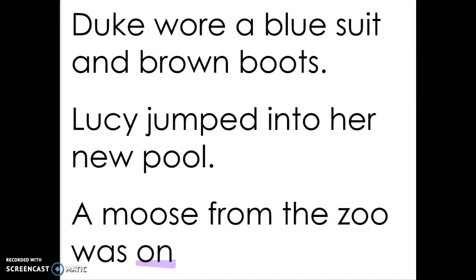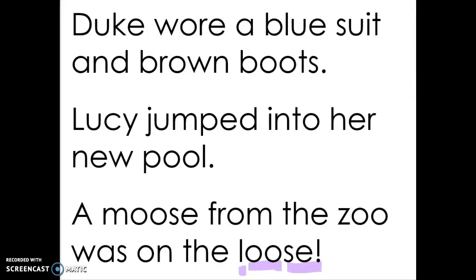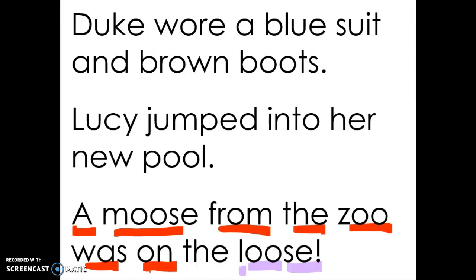Word is on. Word is the. Last word, think. Say word is loose. Let's read it together. Ready? Read. A moose from the zoo was on the loose.